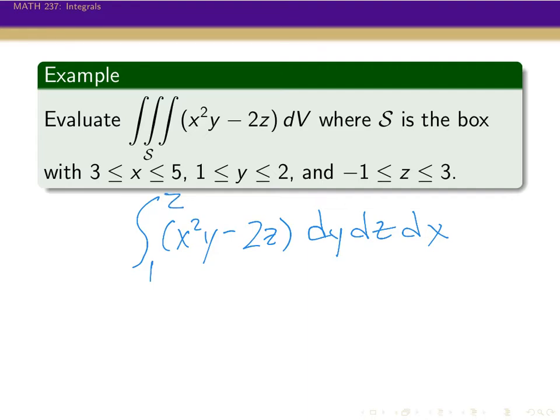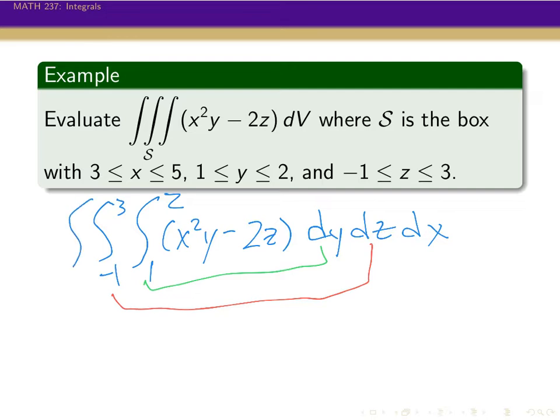So inner ones are going with y, next ones are z, so -1 to 3 connects with z, and then our last bound going from 3 to 5 is connected to x. Okay, and so this is the integral that we're doing.